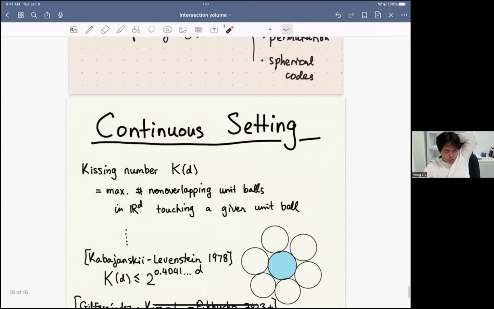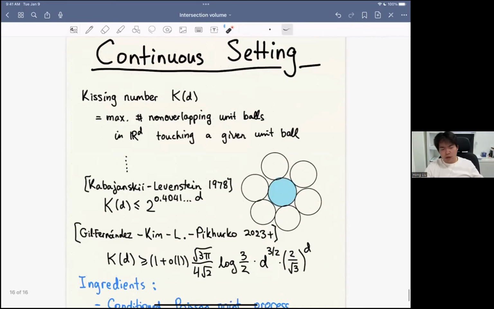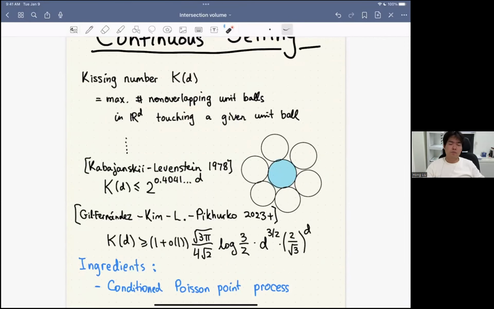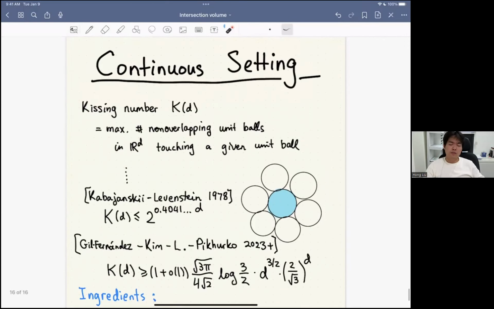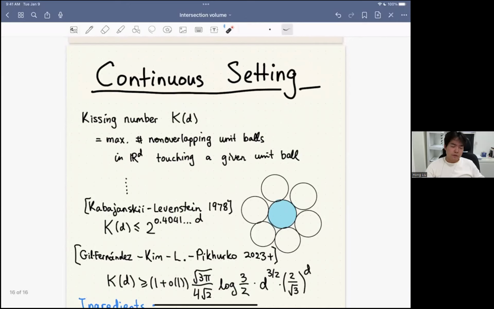In the continuous setting, what we cared about is the so-called kissing number in Euclidean space. So what exactly is the kissing number? The kissing number K_D is the maximum number of non-overlapping unit balls in D dimensions. They can touch each other, but with disjoint interiors, such that they are all simultaneously touching a given one.